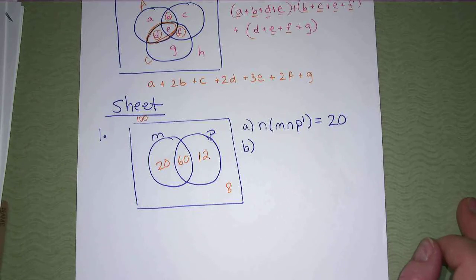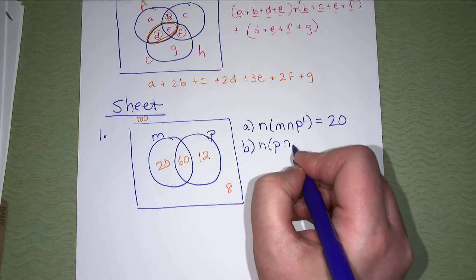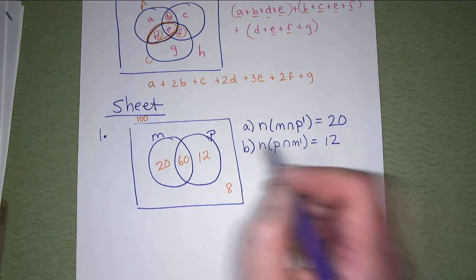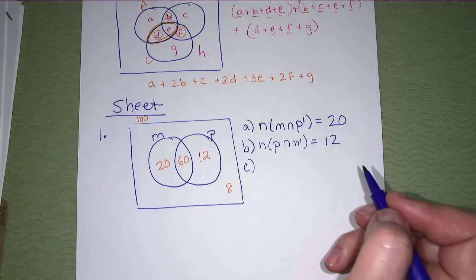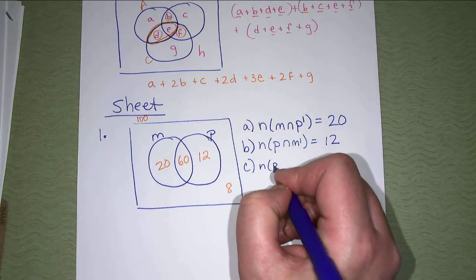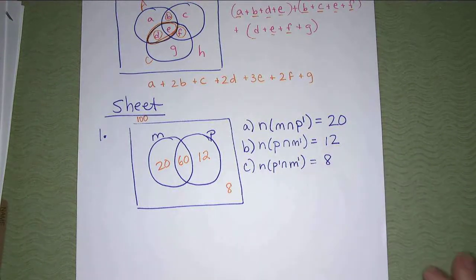Pepperoni but no mushrooms? 12? And C, neither. So that's actually not pepperoni and not mushrooms. So 8. So for Venn diagrams, do you always use the intersection? Mm-hmm. Yeah.